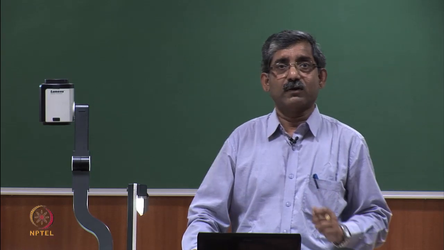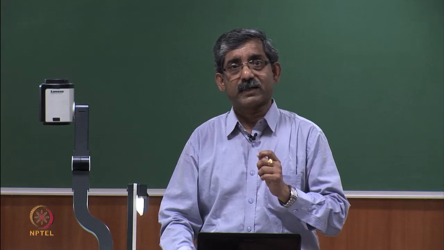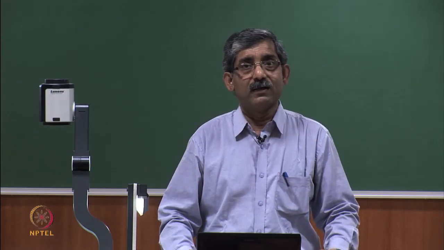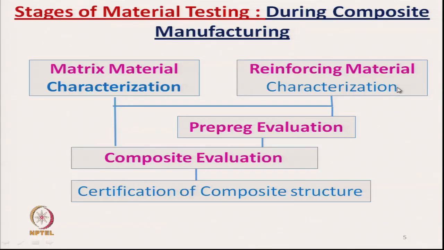For testing of composites we must first test the matrix material, then the reinforcing material characterization is required. Matrix and reinforcing material characterization are important to get the required quality of composite.